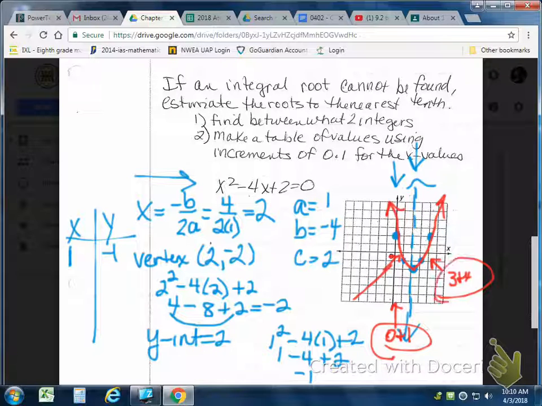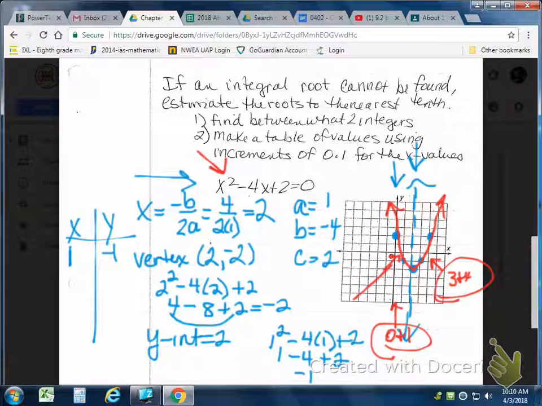On this side between 3 and 4. And so I took the class and assigned everybody a different 10th value between those integers. You have to plug them in here, and then I'll explain how you figure out your answer. So we've kind of narrowed it down, and we're going to come over to the side over here.